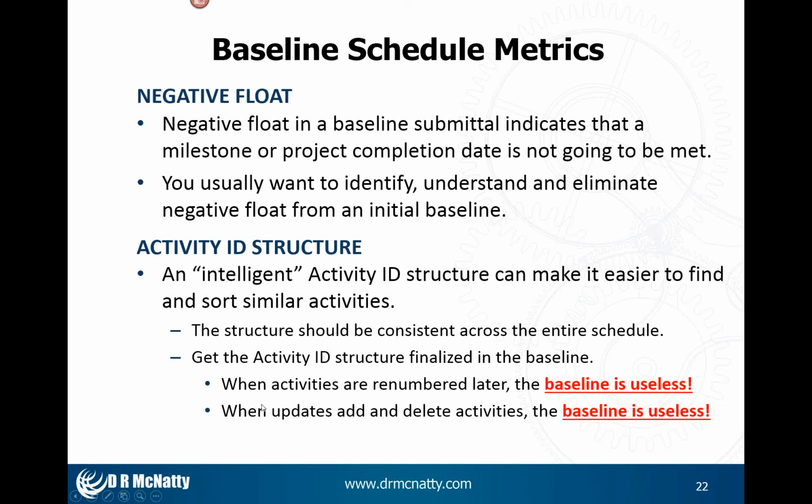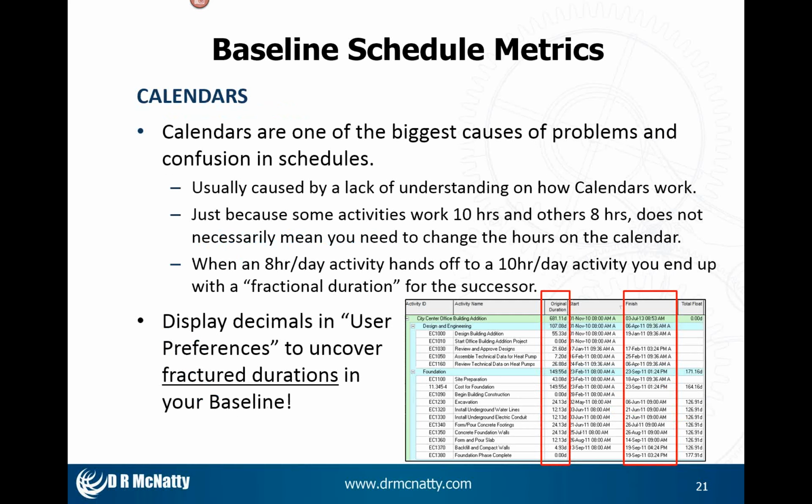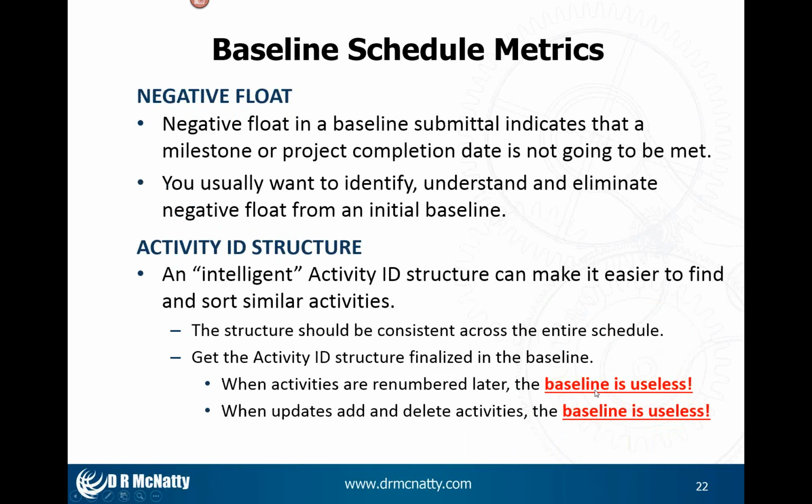And the biggest problem you get when the activity ID structure is not finalized in the baseline is that in some future update, the scheduler decides, well, I gotta get all my activity IDs organized, so I'm going to renumber them. And as soon as they do that, the baseline is useless because the activity IDs no longer relate to one another.